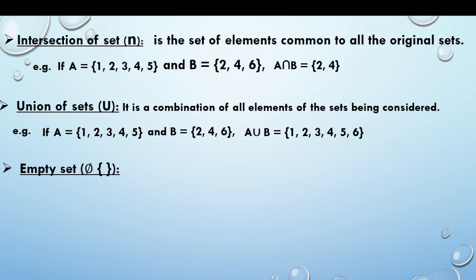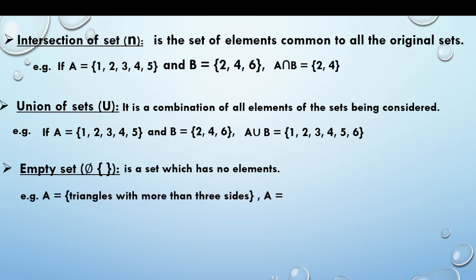Let us also look at empty set represented by this symbol or curled brackets that are empty. So, an empty set is a set which has no elements. For example, A is a set which contains triangles with more than 3 sides.